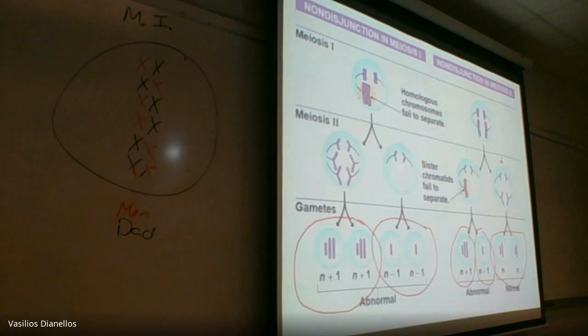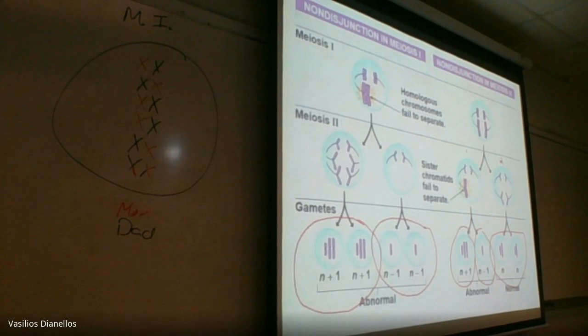And I might say, what is worse, non-disjunction in meiosis 1 or non-disjunction in meiosis 2? And the simple answer is non-disjunction in meiosis 1. Because again, look, all the cells are messed up if it happens in meiosis 1, which makes sense because you're splitting it and you're splitting it again. So if you mess up during the first split, then the rest of them are messed up.